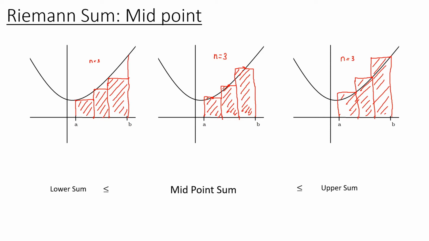This little piece will cover that small area that's under, and this big piece will cover whatever is missing over here. Whatever is over approximated will fill in the gap. So the midpoint will be a little bit more accurate approximation compared to the lower and upper sum.